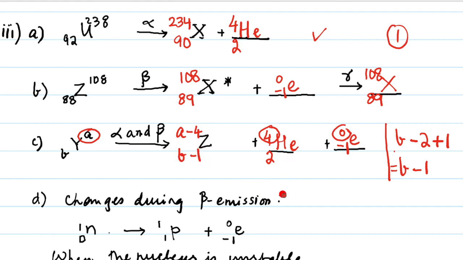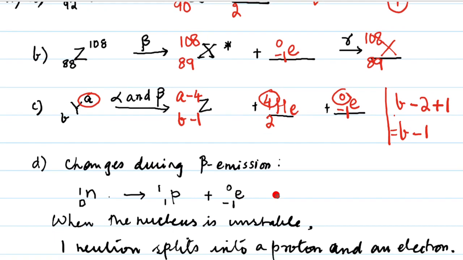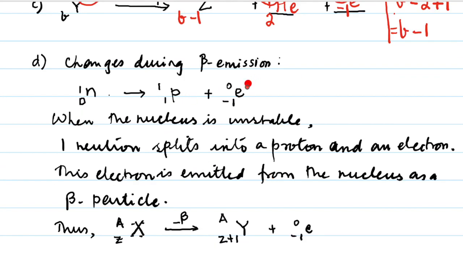Alright, now during beta emission, what is the change that takes place in the nucleus? We know that one neutron splits into a proton and an electron. So proton is 1, 1 and electron is 0, minus 1. And so your X, A, Z with beta emission, because of beta emission, this mass number remains A, the same.